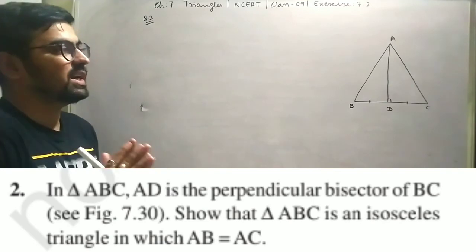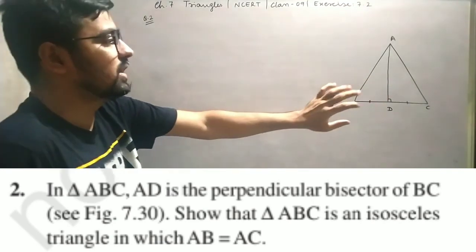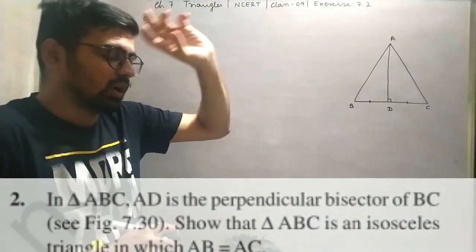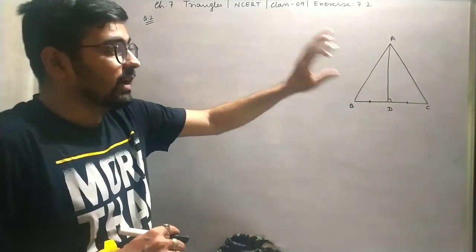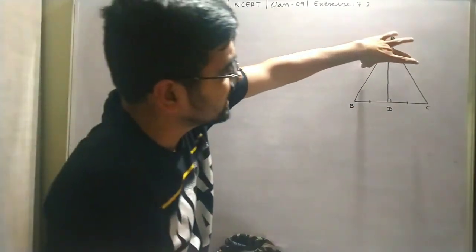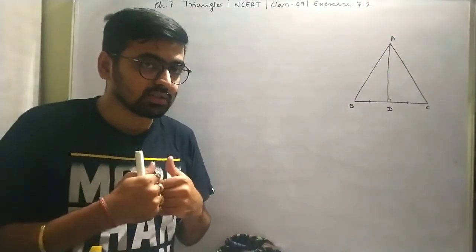So this much criteria we have, and we are supposed to prove these two triangles, which two triangles? ABD and ACD congruent, sorry. And once I get to know that those two triangles are congruent, somehow by CPCT I can say AB equals to AC. Now the question has limited us, correct.